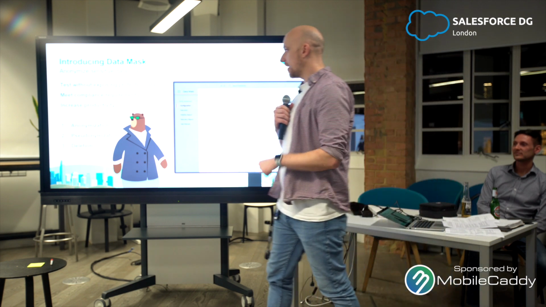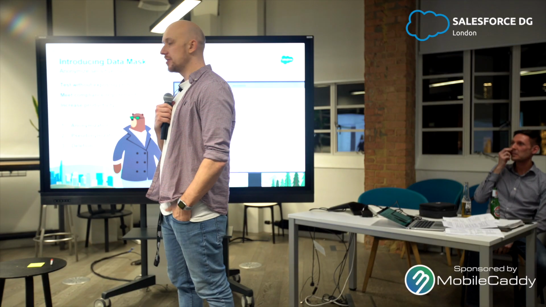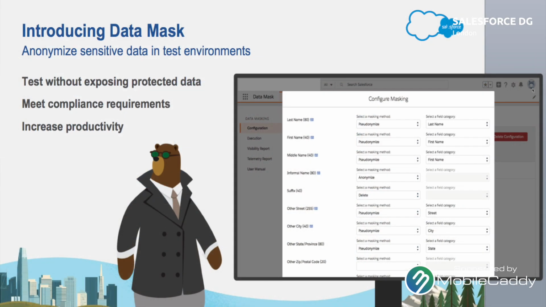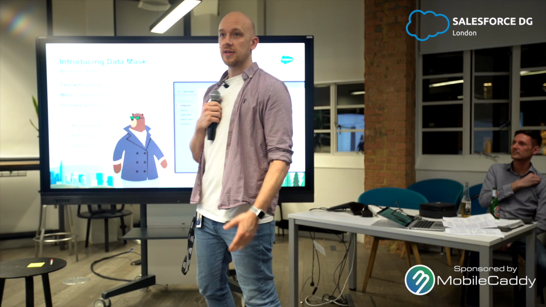Okay. With that often comes issues because you're replicating tons of production information into non-production environments, which leads nicely into Data Mask. So Data Mask effectively allows you to automatically sanitize that data in three ways. Anonymization, which is effectively just scramble your data, so it turns it into garbage, but data nonetheless.